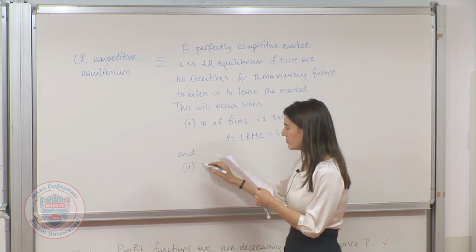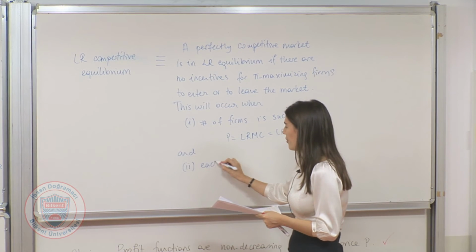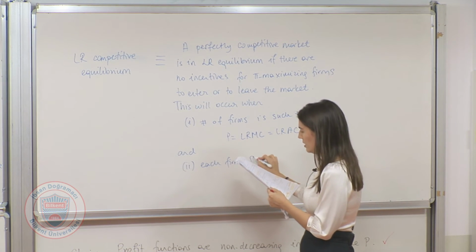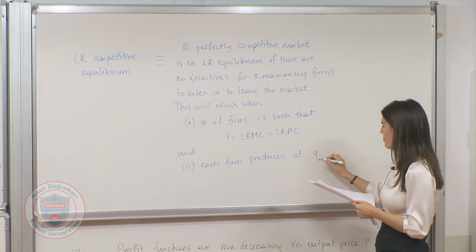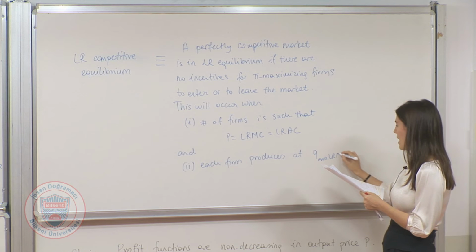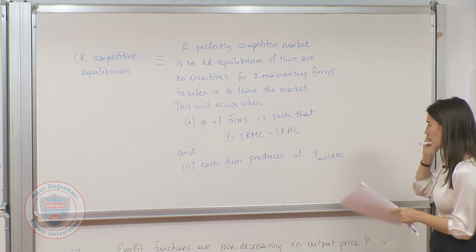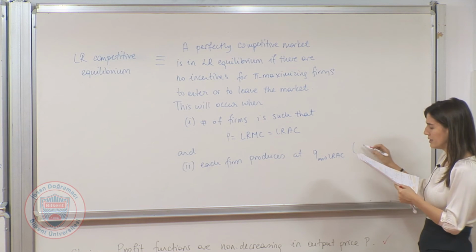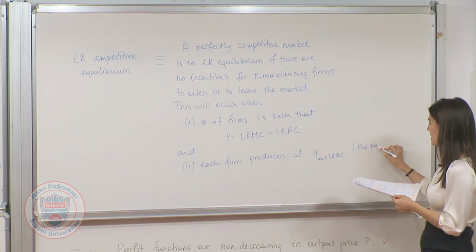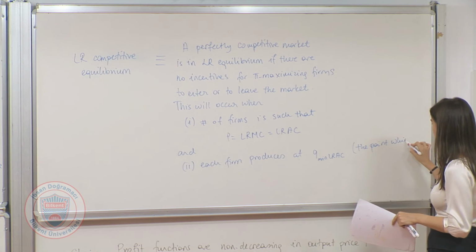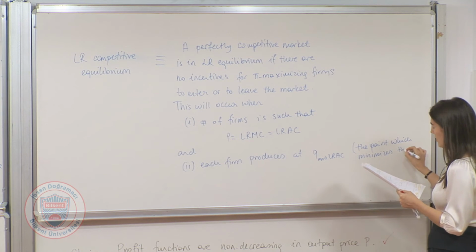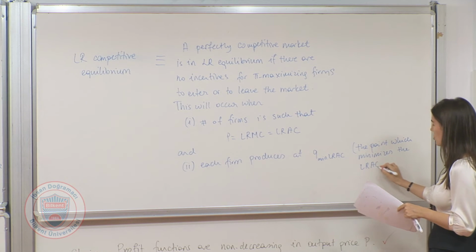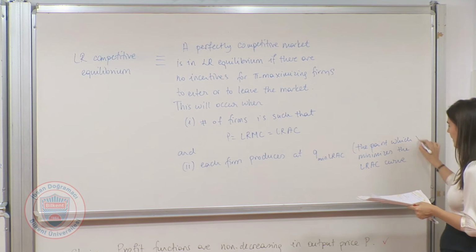And the second one, each firm produces at Q min long run average cost, okay? So this we have written there. So the point basically which minimizes the long run average cost curve, okay?